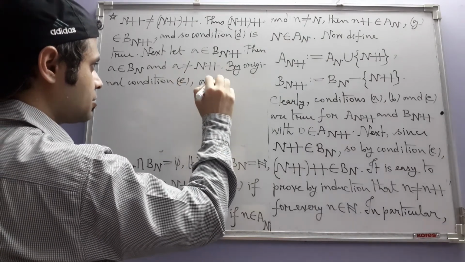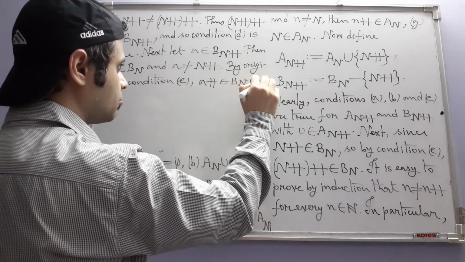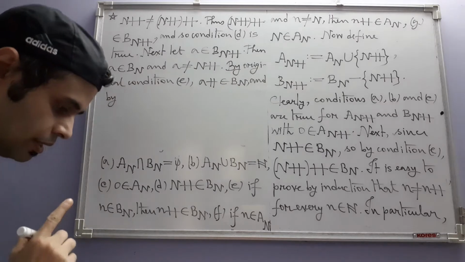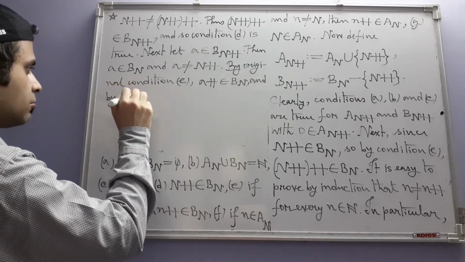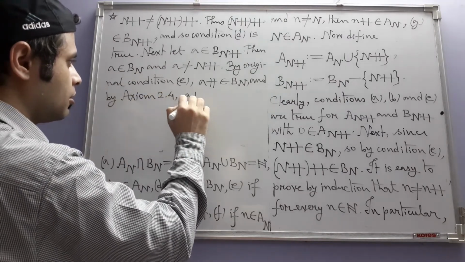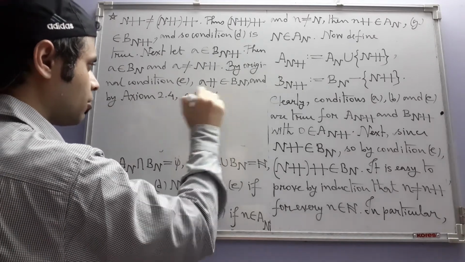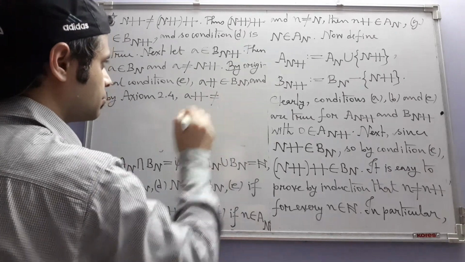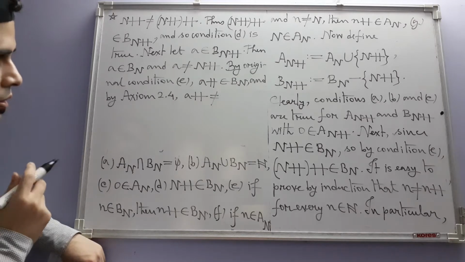A plus plus belongs to Bn, and by the fourth Peano axiom, A plus plus is not equal to... Okay, wait, hold on.